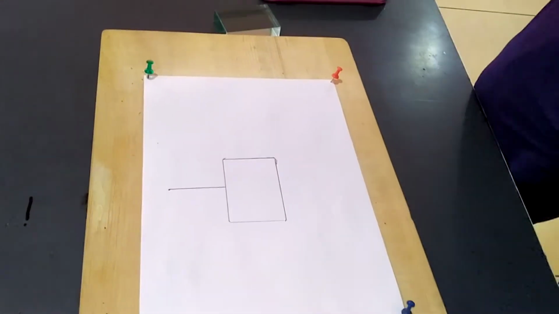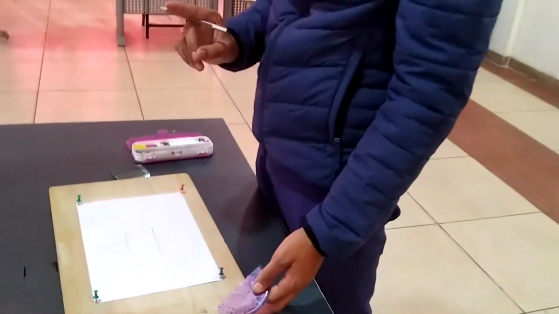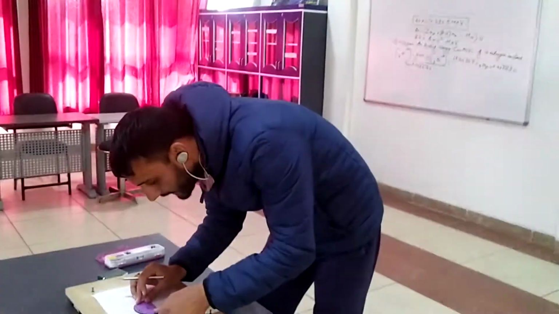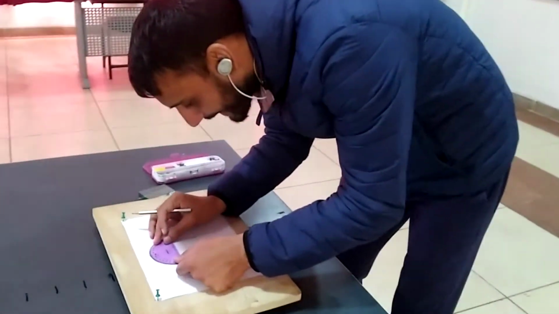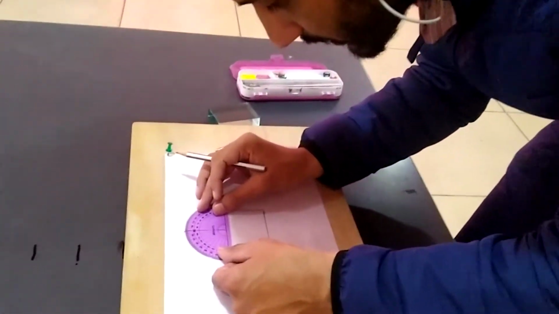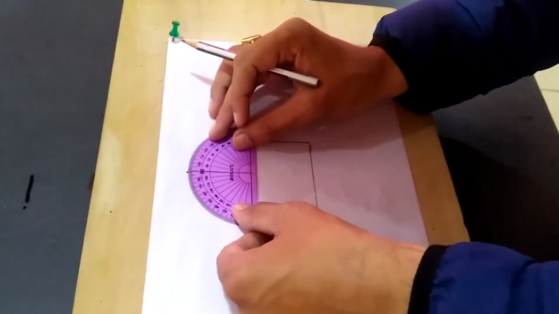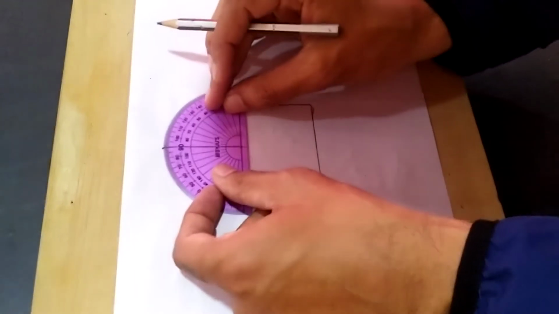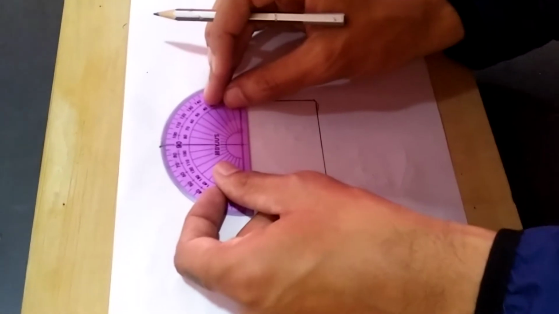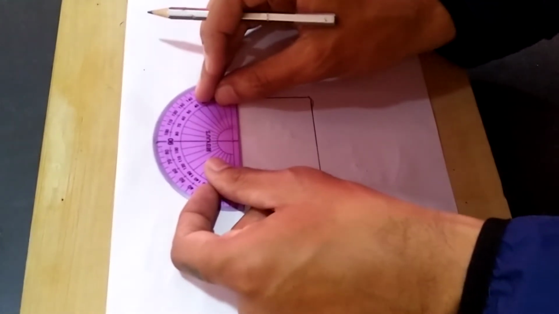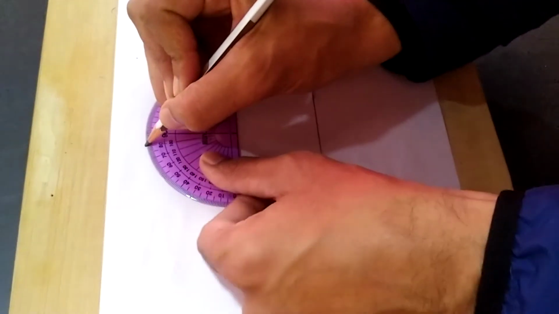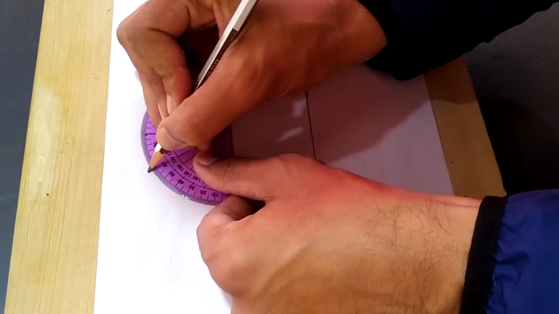Then starting from 30 degree, we have to start from 30 degree and then move on 30, 35, 40, 45 and so on. So starting with 30 degree, the very first angle which you have to plot is 30 degree. So if this is your 90, then 10, 20, 30, so this is your 30 degree.